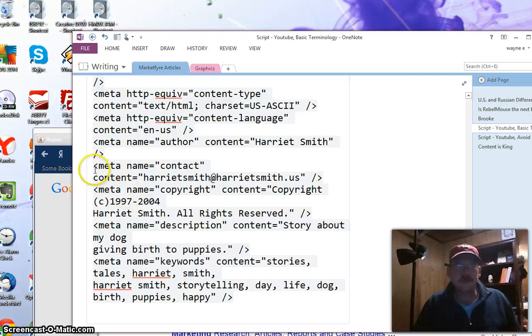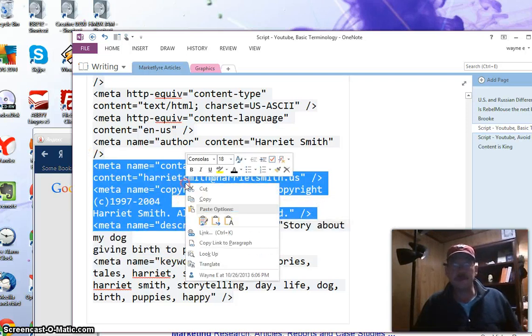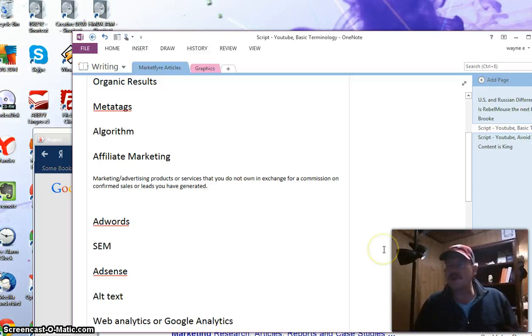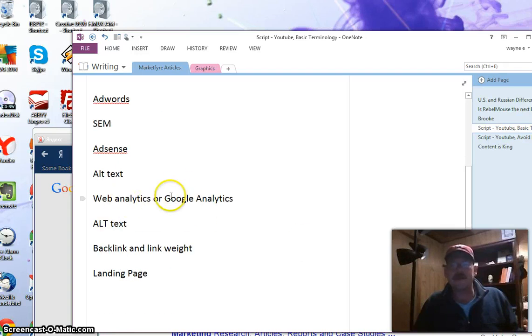You just copy it and paste it into the site. Once you do that, you can use their tool to look at a lot of these analytics: what's your traffic, where are people coming from.